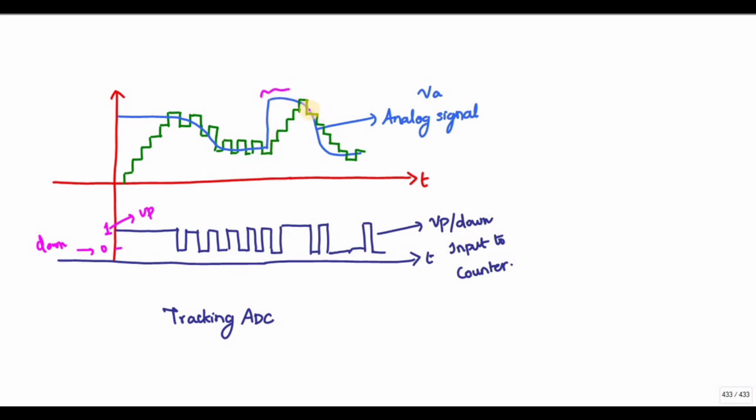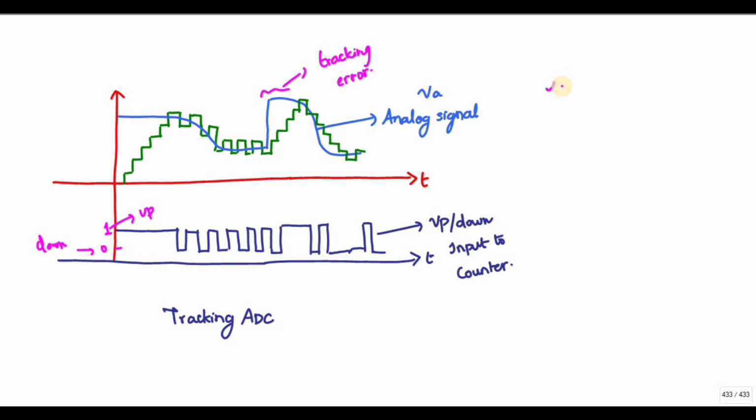If the analog input is changing rapidly, there is a possibility of tracking error, that is, it cannot keep up with the changes. Therefore the tracking of the ADC cannot keep up with the changes, so the error will occur. That error is called a tracking error.